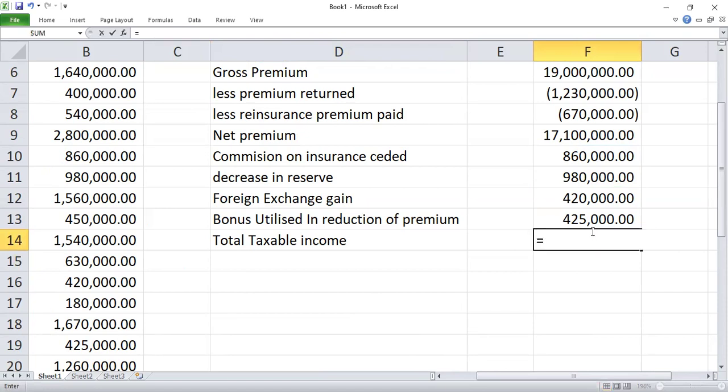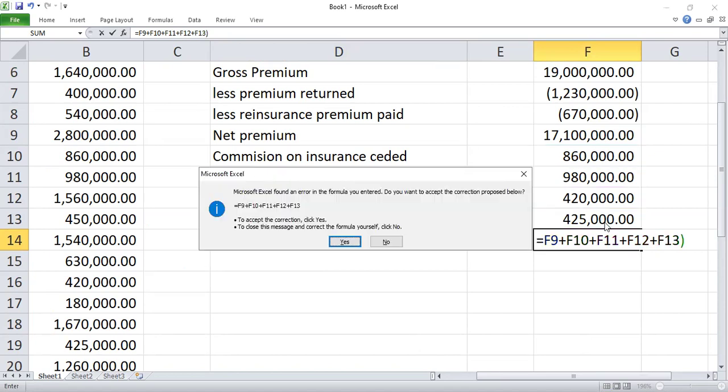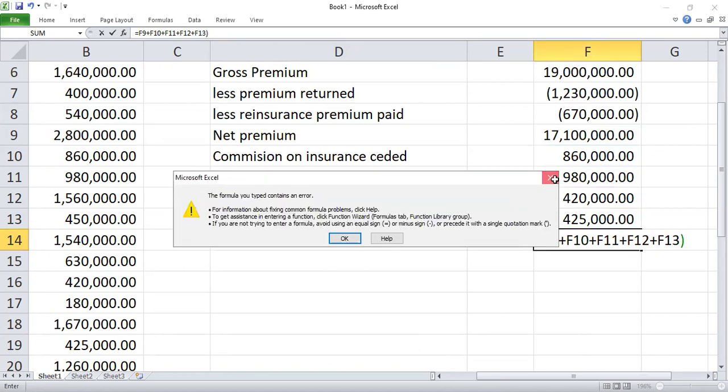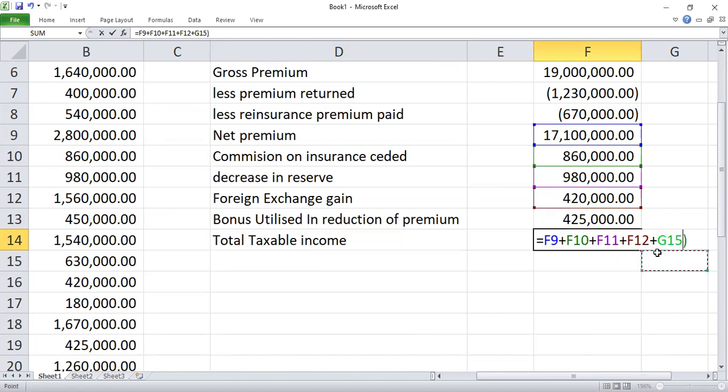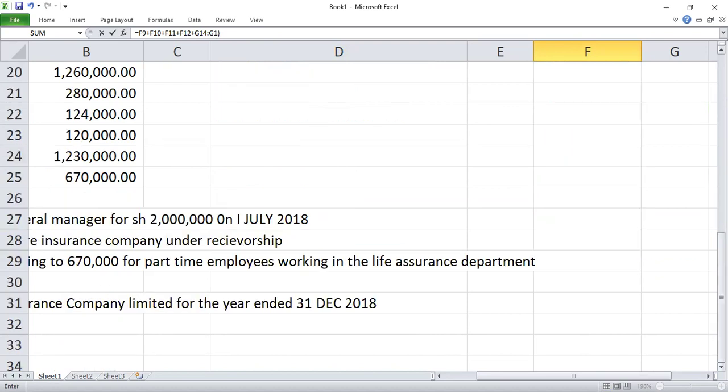We can say it's equal to, add 860, add 980, add 420, add 425, close the bracket, enter. There's no need for us to close the bracket. Sorry for that.